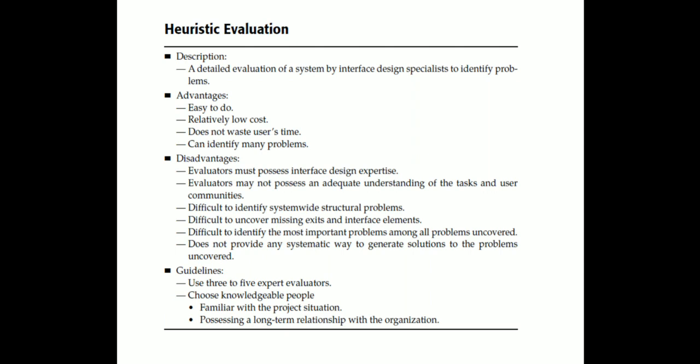It is found that different evaluators tend to find different problems, and one person will never be able to find the number of usability problems that several people will. So, ideally, evaluators should be familiar with the project situation, possess a long-term relationship with the developing organization, and possess expertise in human computer interface design.